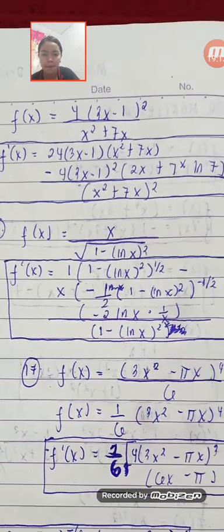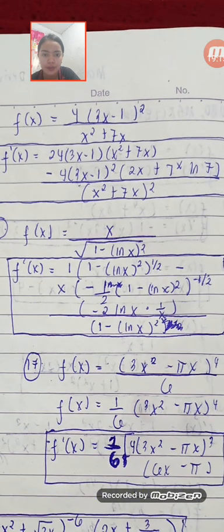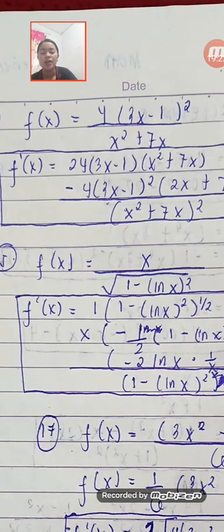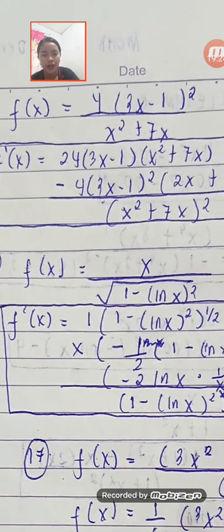So the derivative of our numerator is equal to, it's not 24 anyways, because 4 multiplied by 2 is 8.